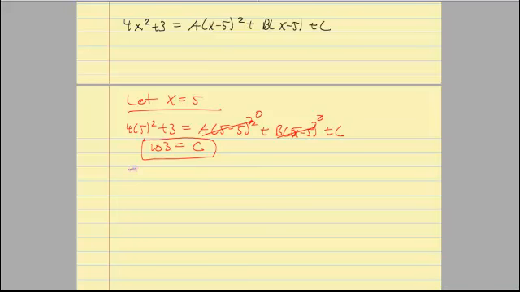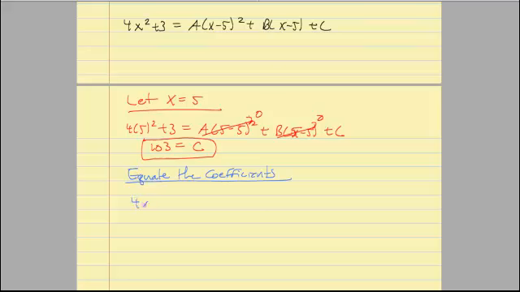Okay, so in order to figure out what a and b are, let's go ahead and look at equating the coefficients. Again, there are different methods we can use, but these are just some real easy basic algebra approaches that we could have here. Now that we know that c is equal to 103, we can write out this equation again.